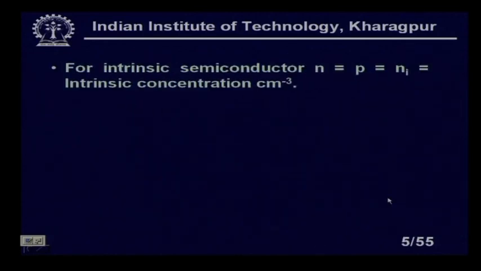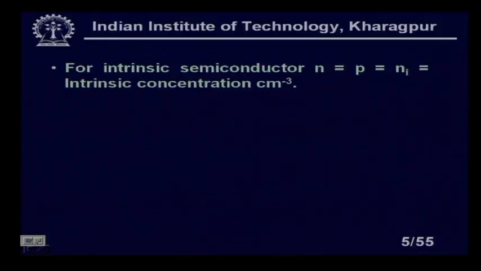For an intrinsic semiconductor, that is a semiconductor without any impurity or doping, once you dope, the number of holes and electrons will change. If you dope with a p type impurity, the number of holes will increase. If you dope with an n type impurity, the number of electrons will increase.